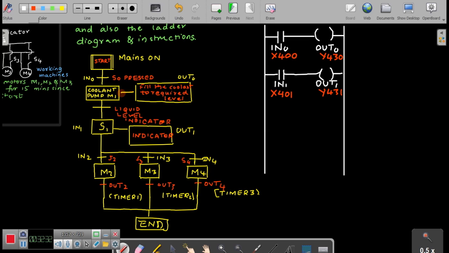So the input for the subsequent rungs is as a result of Y431, and there is one more input. I will draw the subsequent rungs also, something like this. You also should be able to draw these things on your own.